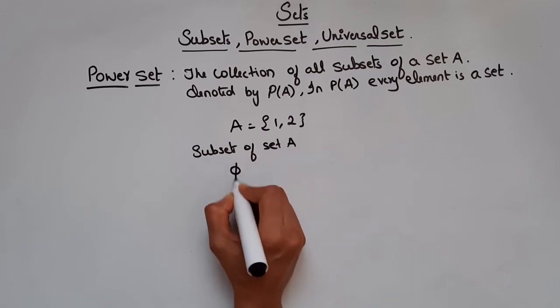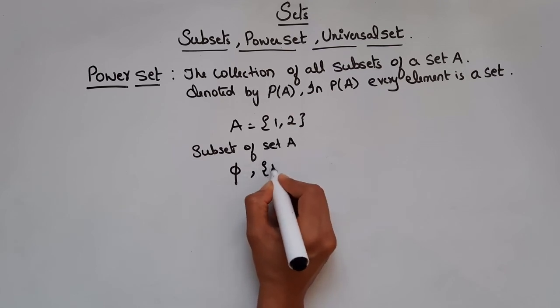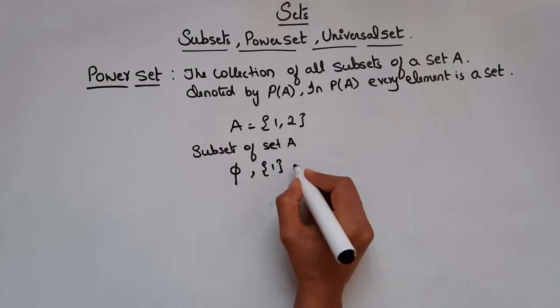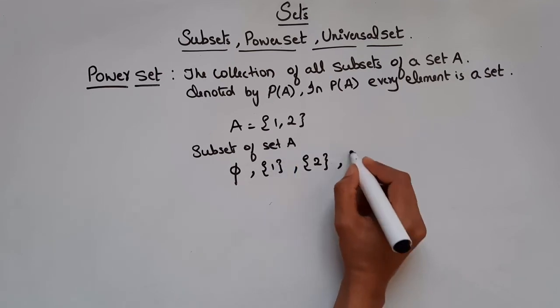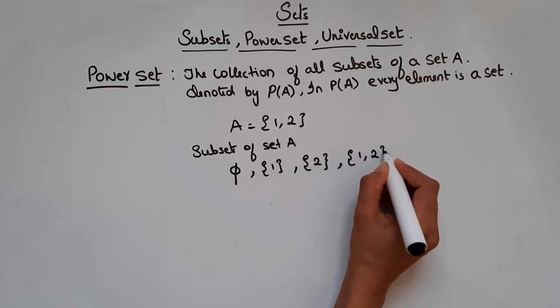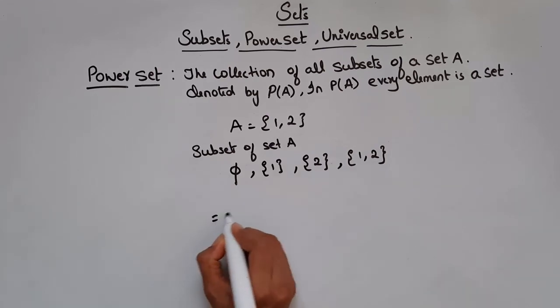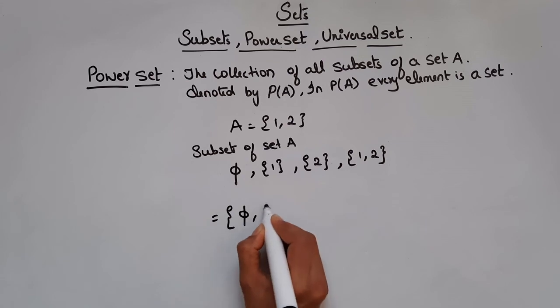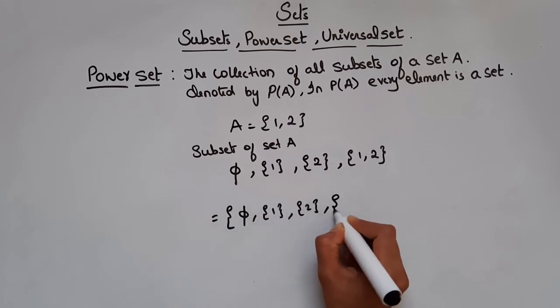So we know the empty set is a subset of A. And we know the set 1 is also a subset of A. And we have the set 2 is also a subset of A. And 1, 2 is also a subset of A, right? So the set of these subsets are called the power set.